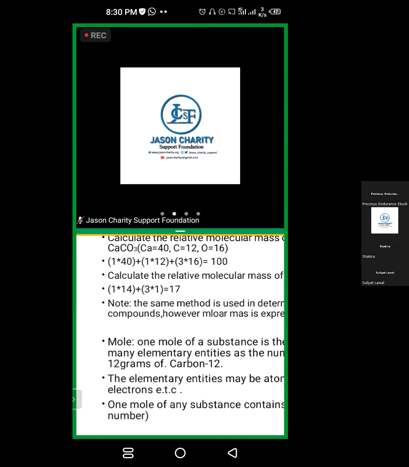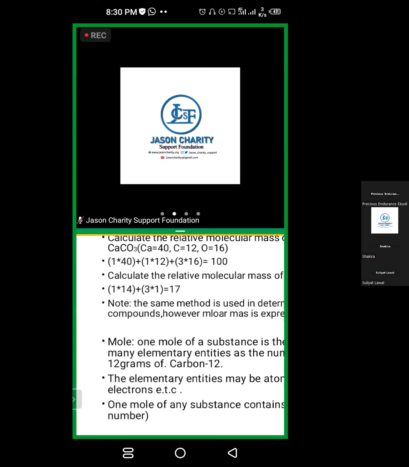Now, we see that of calcium we have only one atom. Let's take note of this. When you're trying to calculate this, even if you do not see any number written as a subscript at the base of each element, the fact that the element is there means it is 1.